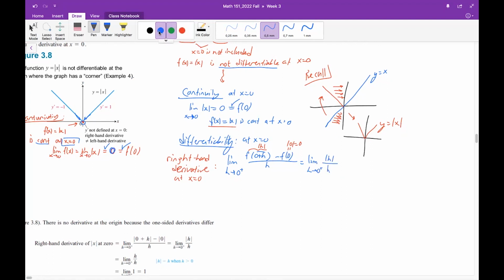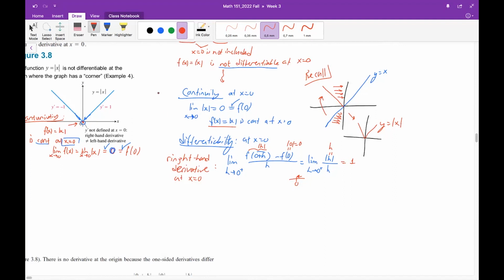Since h goes to 0 from the right, okay, 0 is here and we are approaching from the right, you can evaluate this absolute value as it is because h is always positive. This gives you the result as 1. Now, we will do a similar computation for the left-hand derivative.